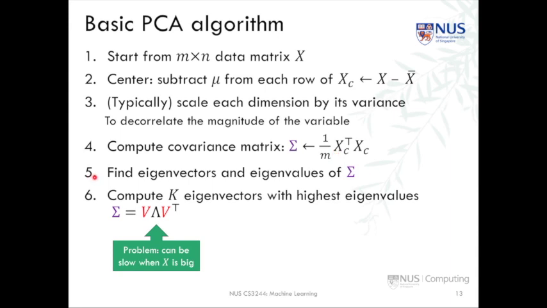We then need to find a method to calculate the eigenvectors and the eigenvalues of this covariance matrix. Computing the full matrix is quite slow, so we want to find a faster way to compute the k eigenvectors with the highest eigenvalues. One way to do that, as we'll see in the next section, is the idea of singular value decomposition, or SVD.